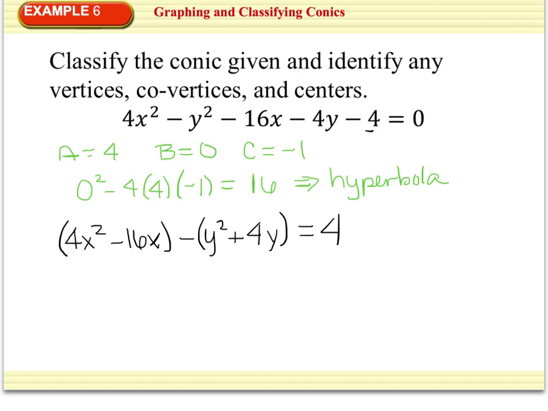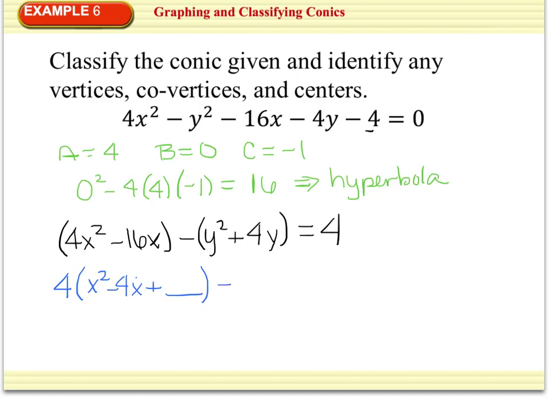And now I need to go ahead and complete the square where I can. But before I can complete the square in my x terms, if you recall, when you complete a square, you can't have a coefficient on your x squared term. And because I do, I need to factor that out. So I'm going to factor out a 4. So I have 4 times the quantity of x squared minus 4x, and that's going to be plus, and I'll complete the square here in just a second.